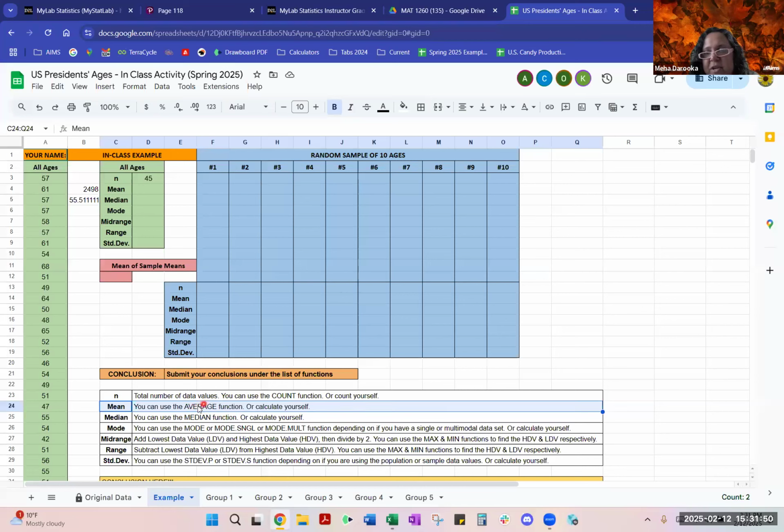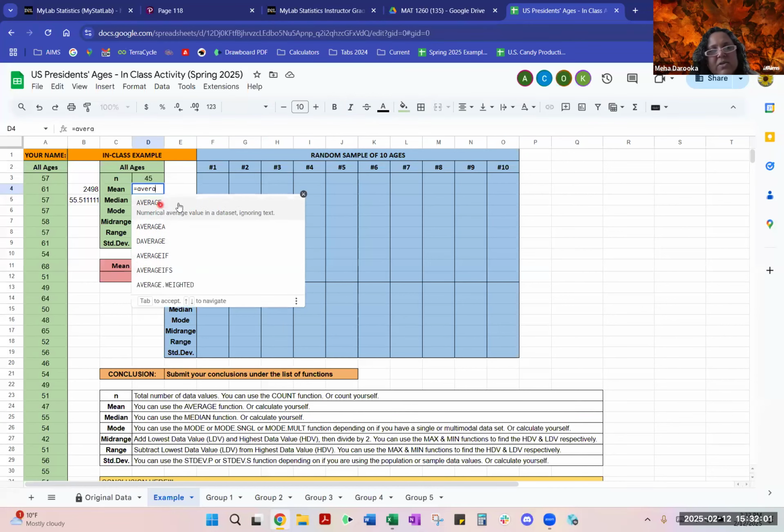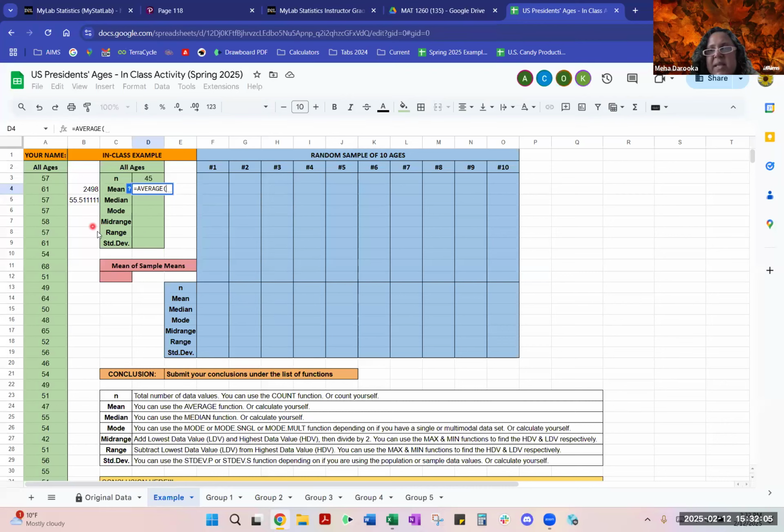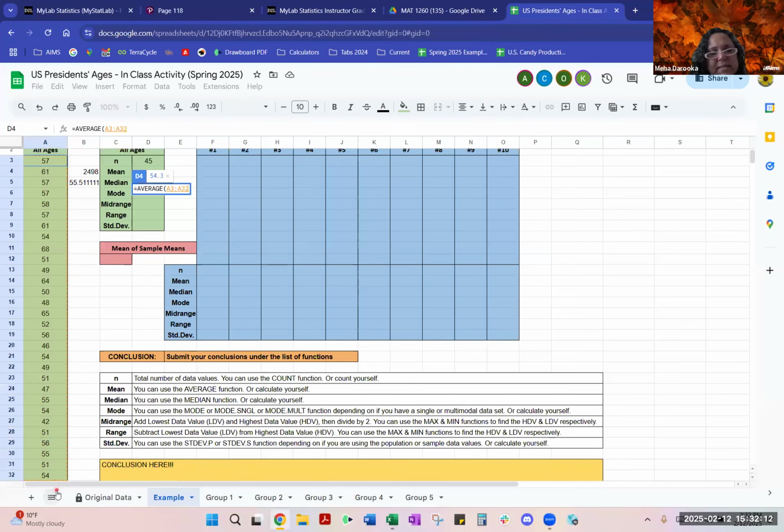Now, instead of doing a two-step process, you will see that we actually have a built-in function called average in Excel or Google Sheets. So instead of using the two-step process, I'm just going to use the average function, and I did not spell that right. So you can see we have that average function built in. Same thing, type in equal to and the word average, and then select all of those 45 ages for our presidents.